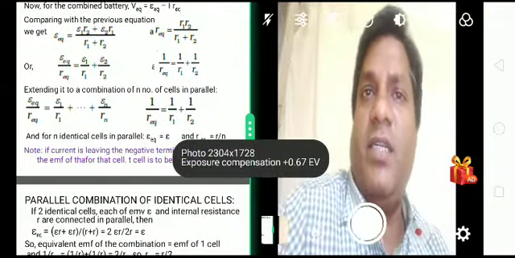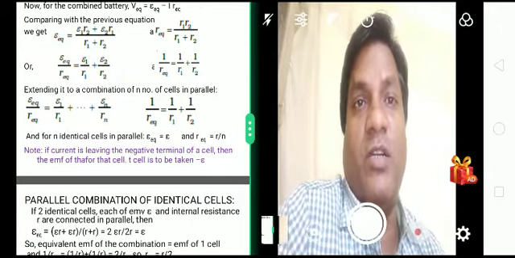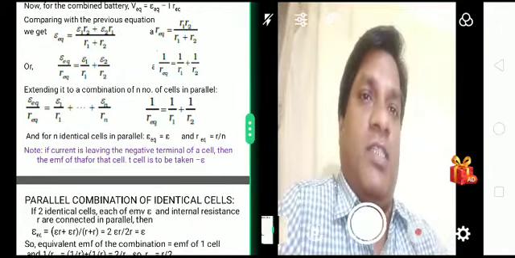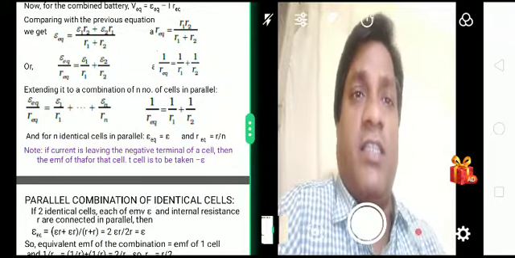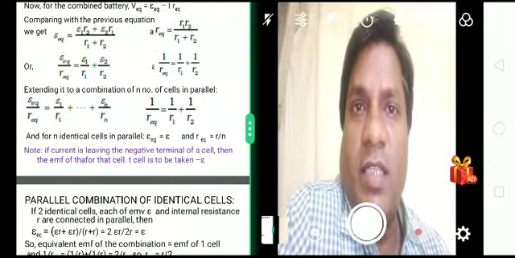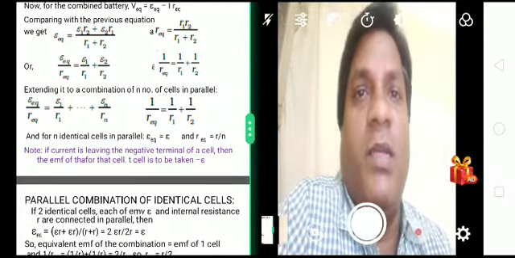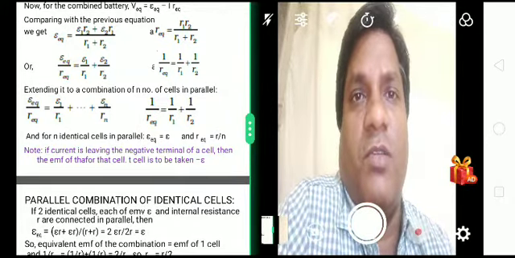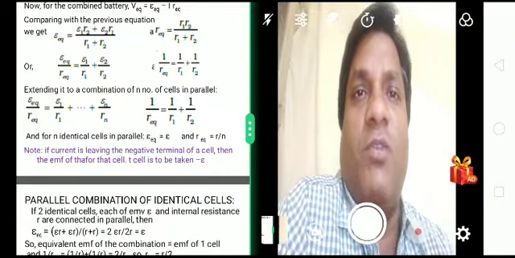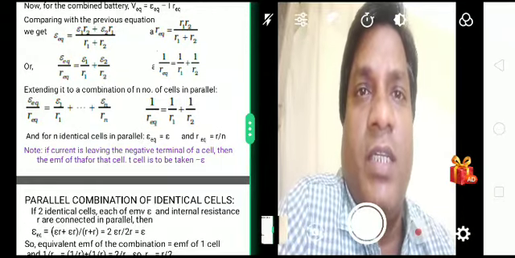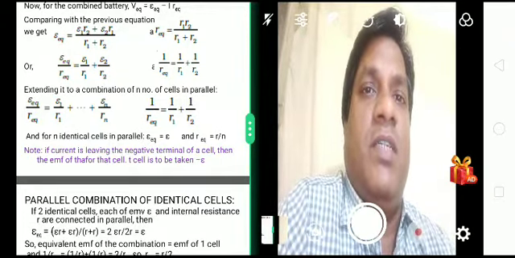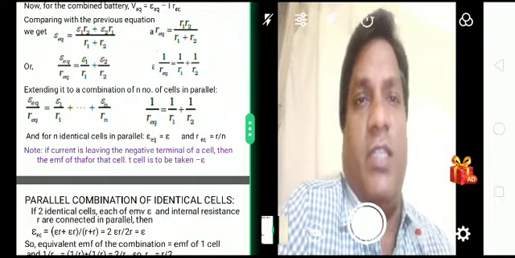Now if you extend this concept to a combination of n non-identical cells connected in parallel, then the ratio of equivalent EMF to the equivalent internal resistance of the combination is equal to the sum of the ratio of individual EMF and individual internal resistance of the cells.